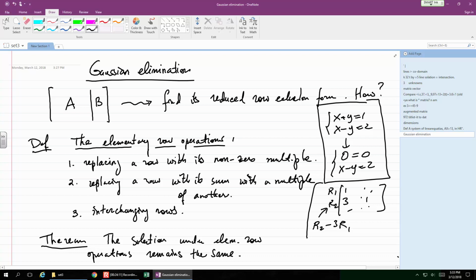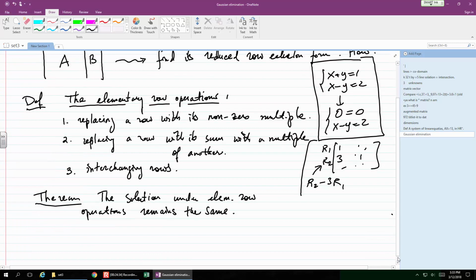It takes some proof, but really not a lot. So certainly number 1 and number 3 obviously do not change the solution set, right? Number 2 might require a little bit of work, but we'll just take it for granted that once again everything works out fine.